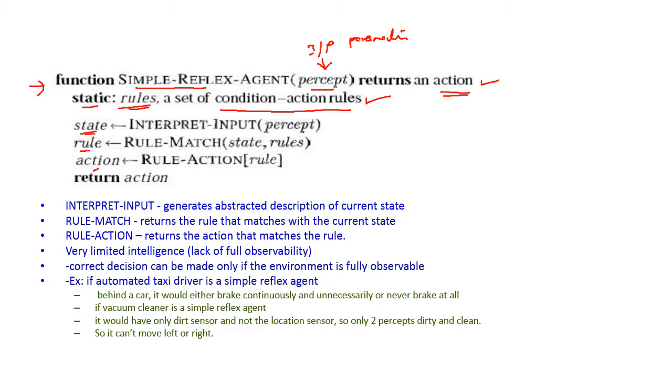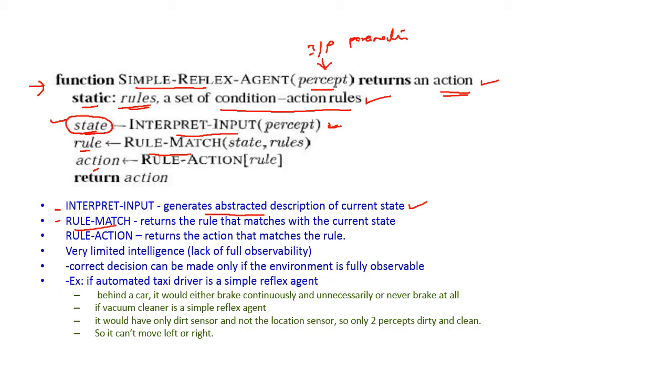For this, it has one method called interpret input of percept, and this will generate the abstract description of the current status. That is, the current state description will be given to state. State is going to give the current state of the environment, right? So based on the state, the corresponding rule will be mapped, that is, rule match.